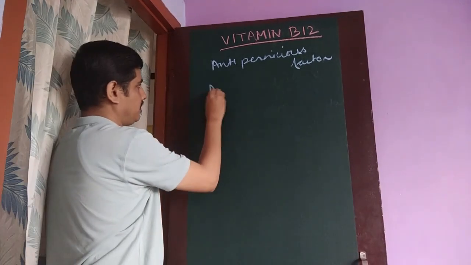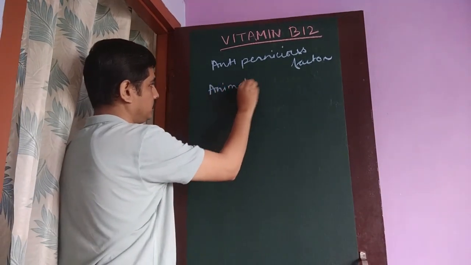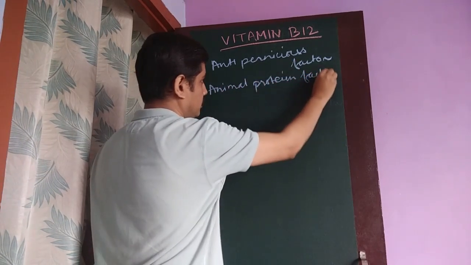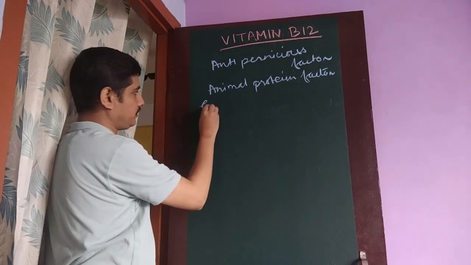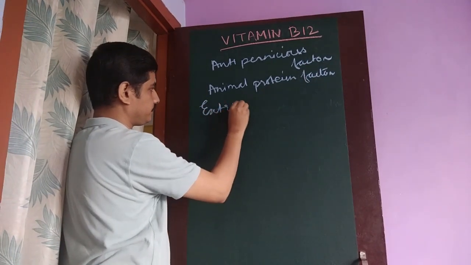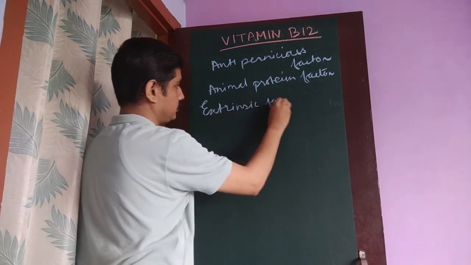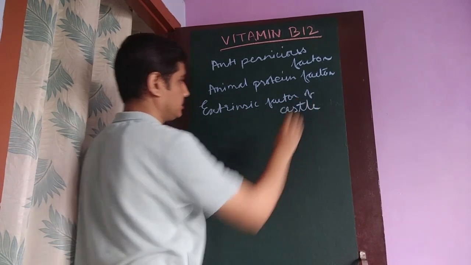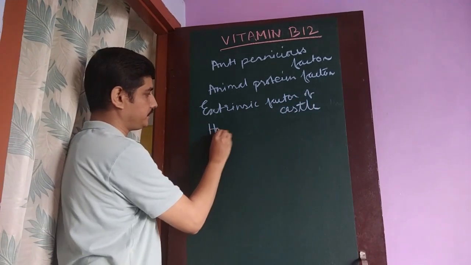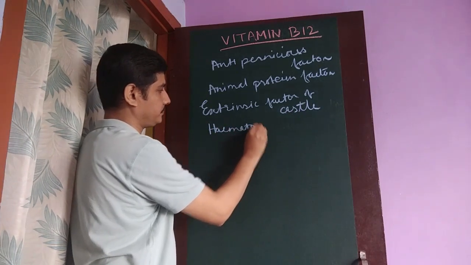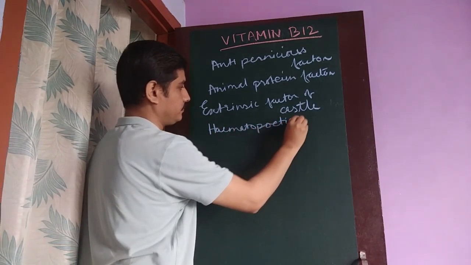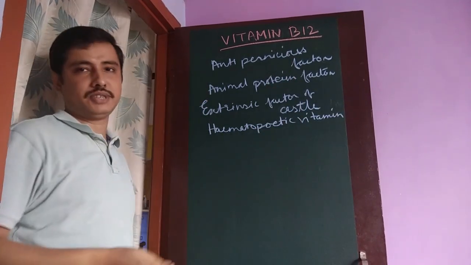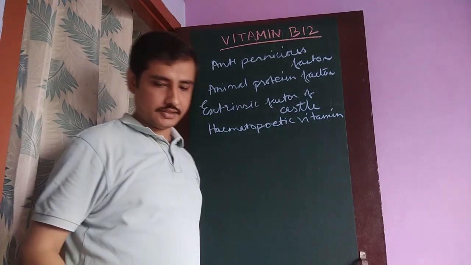It is also known as animal protein factor, or extrinsic factor of Castle, or hematopoietic vitamin. It is known as hematopoietic vitamin because it helps in the maturation of the blood cells.